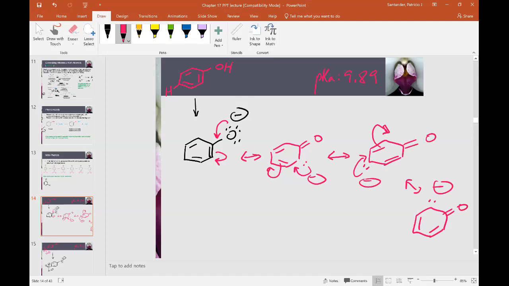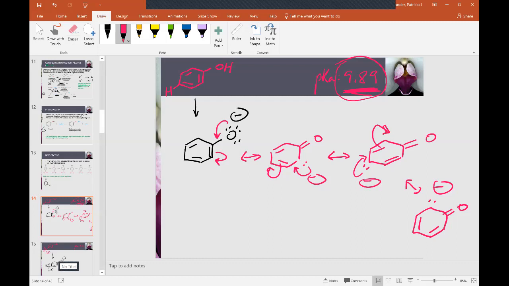And so there you have several additional resonance structures that we can write down for phenol. And that is the reason why the pKa value decreases. The pKa value is 9.89, so it's substantially lower than the pKa value of an alcohol. An alcohol is around 16.